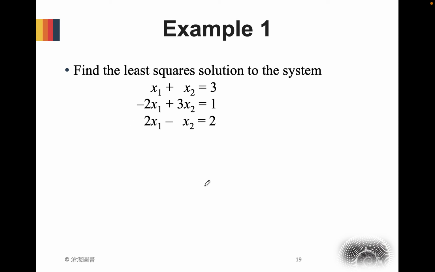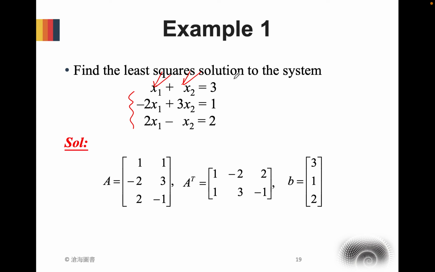So let's check some example. Find the least square solution to this system. So now we have 3 equations, 2 unknowns. In fact, if you use Gauss-Jordan elimination, you cannot find any solution for this linear system. So you can only find the least square solution to this system. So how can we do that? We just write down the matrix A, 1, negative 2, 2, 1, 3, negative 1.